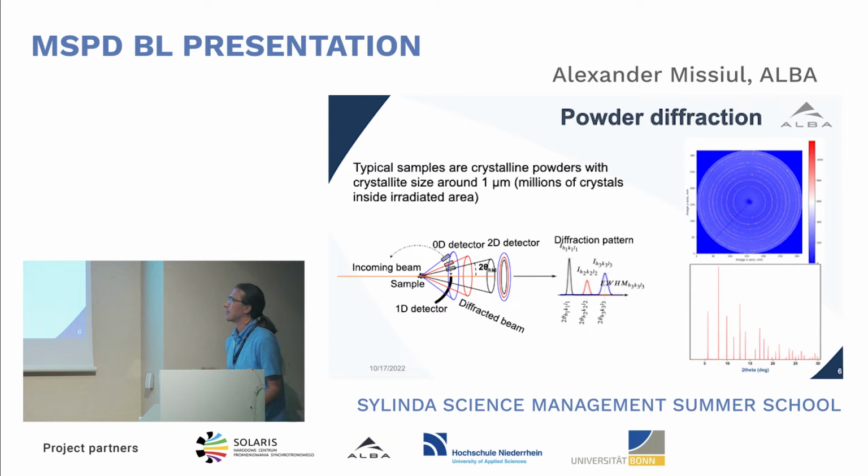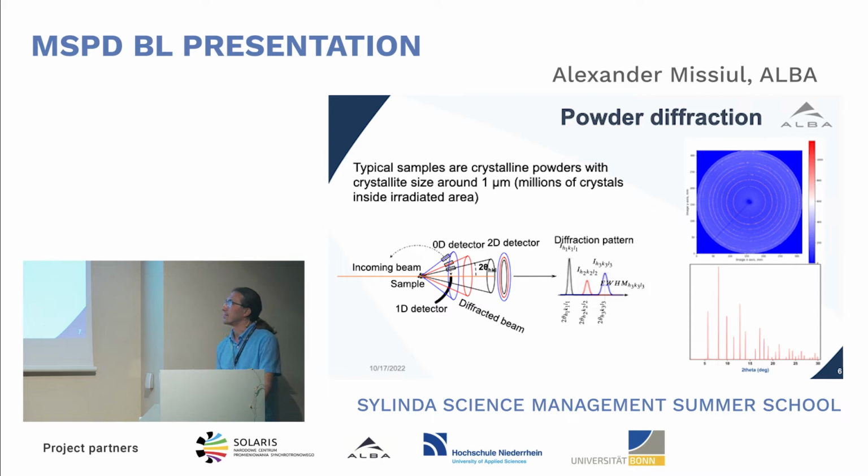After collecting this picture, we essentially get what we call a diffraction pattern, which is intensity versus 2 theta angle. This is how it looks in real life. On top, you can see the data collected by a 2-dimensional detector, and in the bottom, it is a normal diffraction pattern by a 1-dimensional detector.